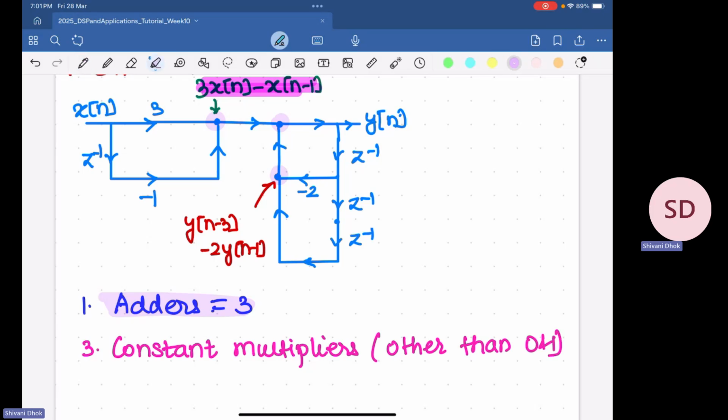Let us calculate. So one is here, then one is here, then here it is 1, here nothing, and here also nothing. Okay, so we have a -2 here. So number of constant multipliers is equal to 3.